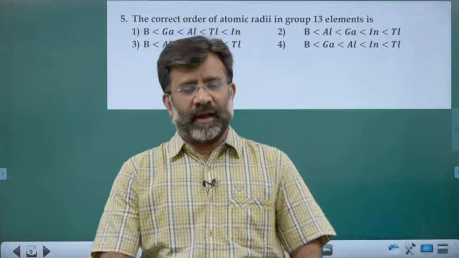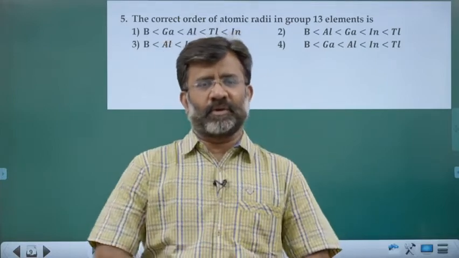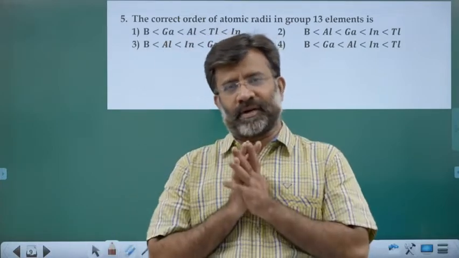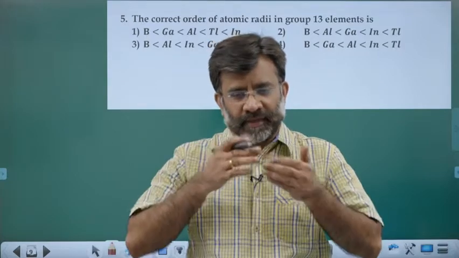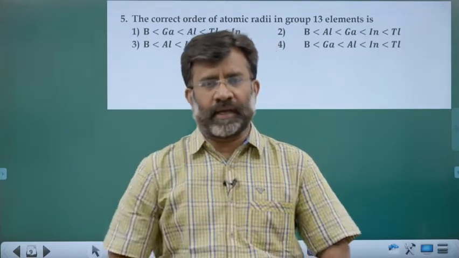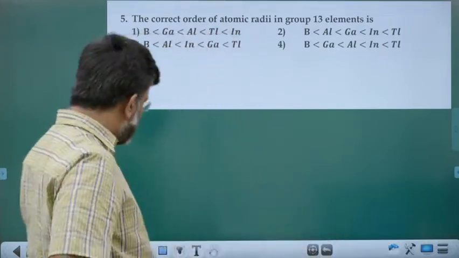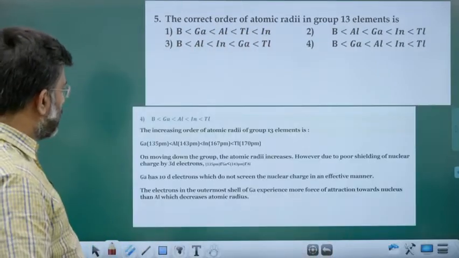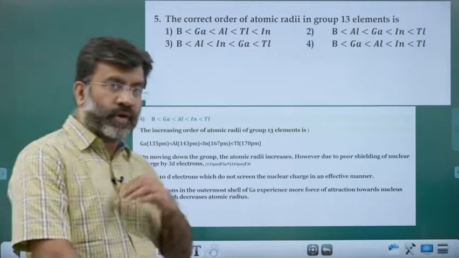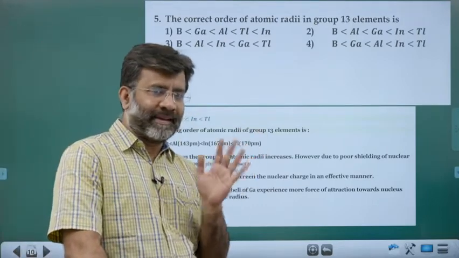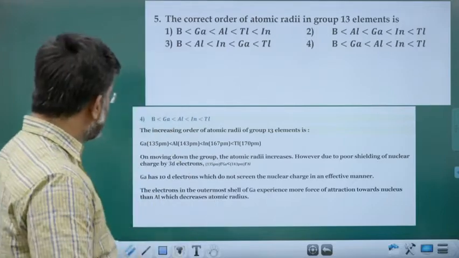After aluminium, when you come to gallium, d orbital configuration comes in. After indium, when you go to thallium, f orbitals come in. That's why there is a difference in atomic size and of course all related properties. You see the trend?